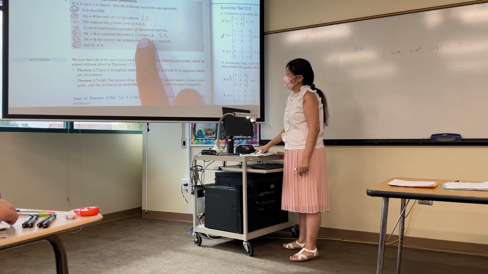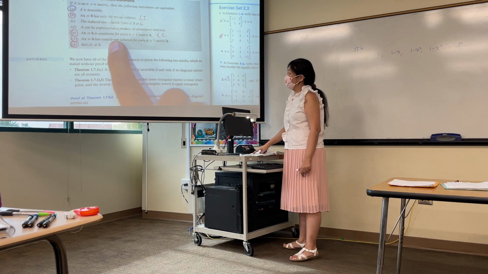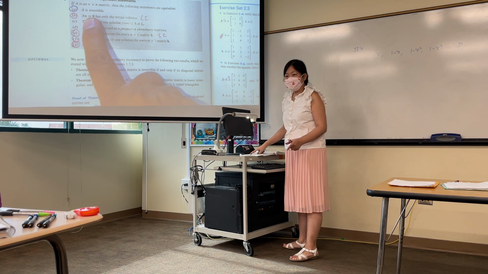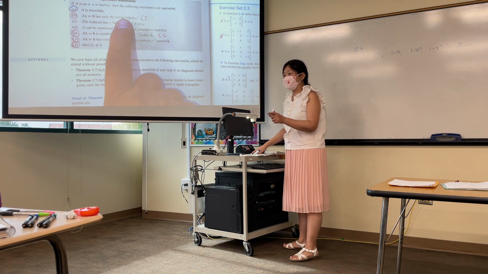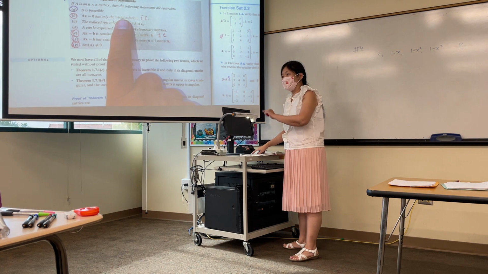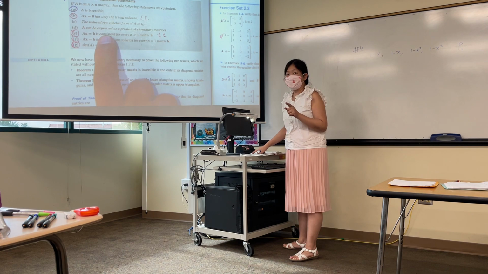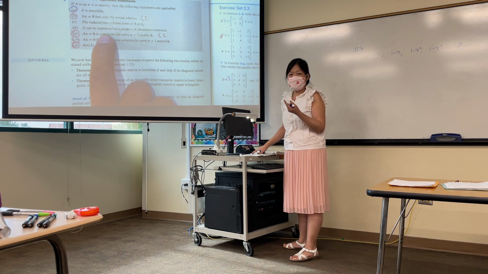Another one is E, linear combination. When A is equal to 0, homogeneous, they have only the trivial solution, meaning all the coefficients equal 0. And A is consistent. What does consistent mean? It means it's solvable. You can get a solution out of it.